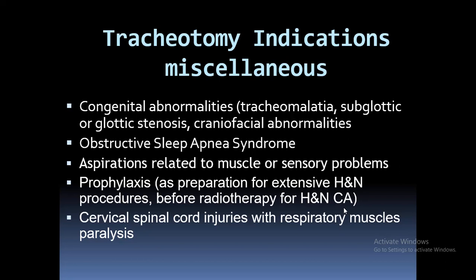Several other indications include congenital anomalies like tracheomalacia, subglottic or glottic stenosis, craniofacial abnormalities, in the cases of obstructive sleep apnea syndrome, in aspirations related to the muscle or sensory problems, as a prophylaxis, for example as a preparation for extensive head and neck procedures, or in cases before radiotherapy for head and neck tumors, and also in cervical spine injuries with respiratory muscle paralysis.